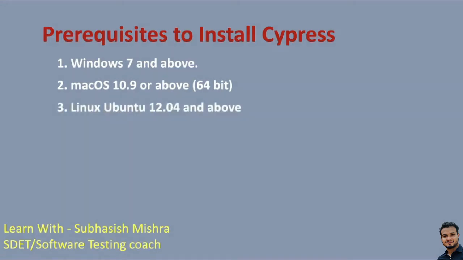If you are using Linux or Ubuntu based Linux operating system, it should be version 12.0.4 and above. In case of Fedora 21 or Debian 8, it should be 64-bit operating system. So that's all about your operating system. You need all these basic operating systems before you install Cypress.